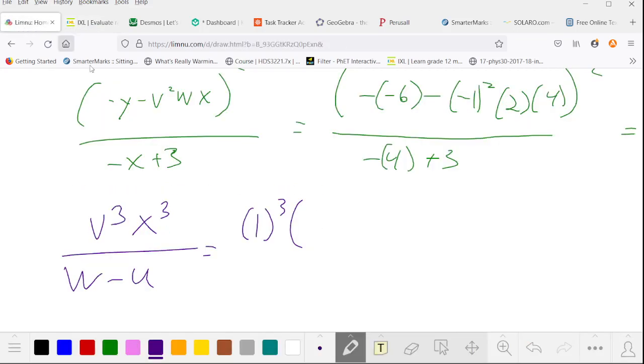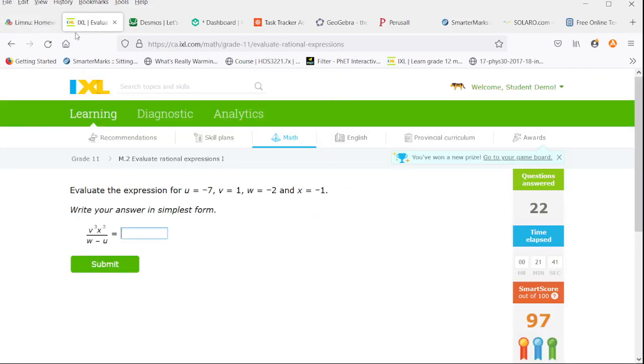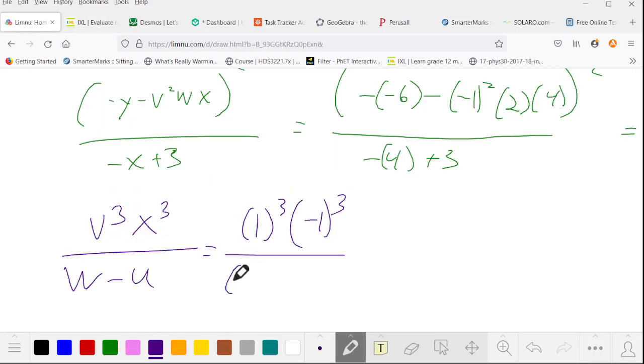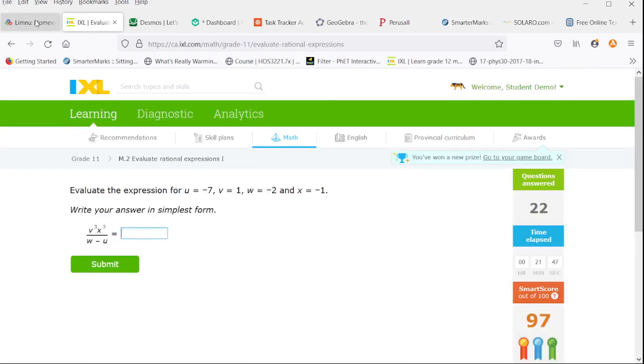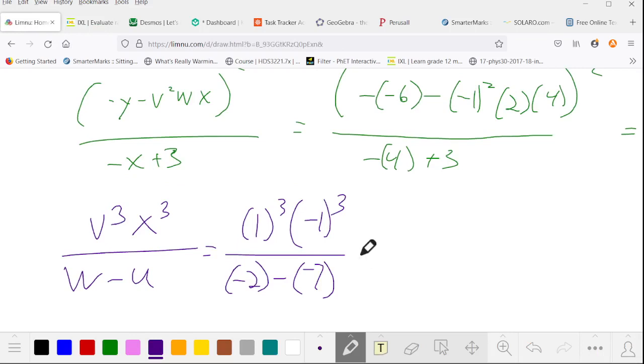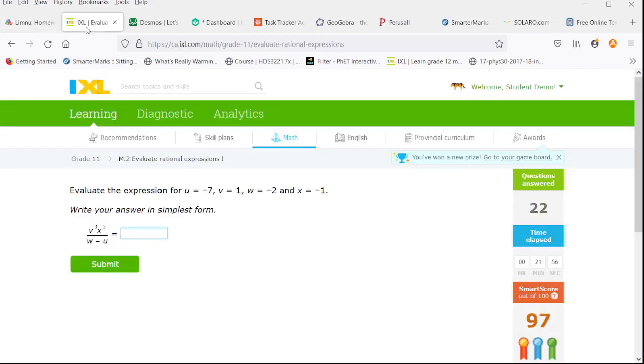X is negative 1. W is negative 2. And u is negative 7. So that's negative 1 over negative 2 plus 7, which is 5. So we have negative 1/5.